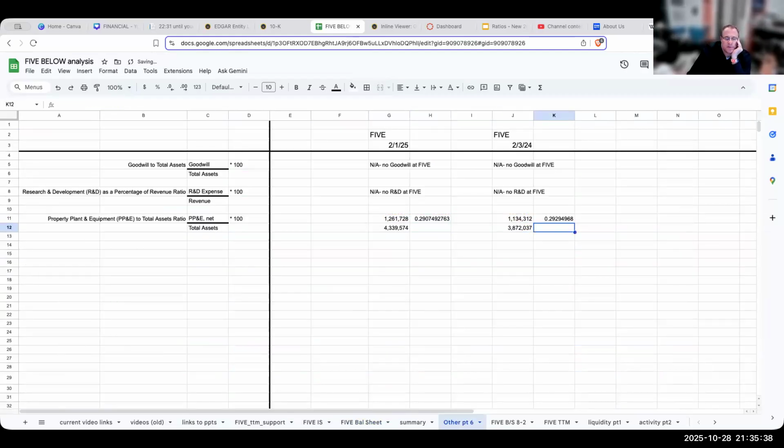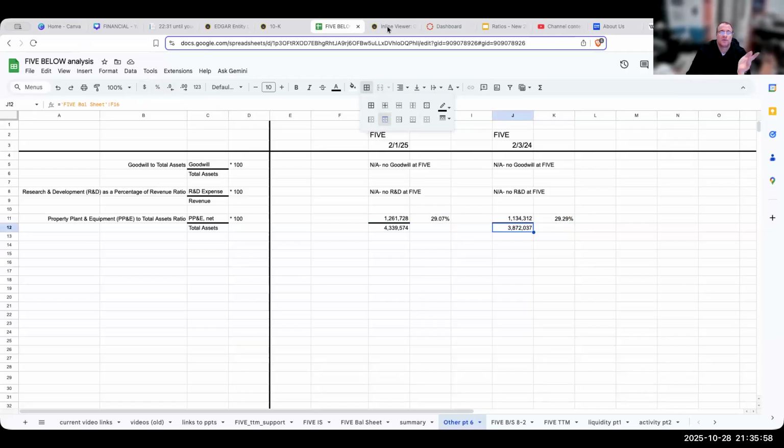So in terms of a percentage, it's about 29% of my total assets. Is that common for other retailers? I would assume for Five Below, because they're building out their different stores, that they would have it.